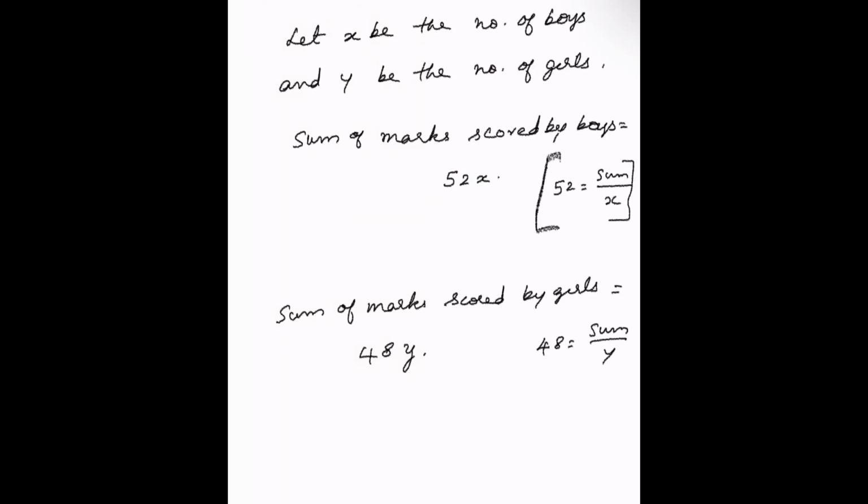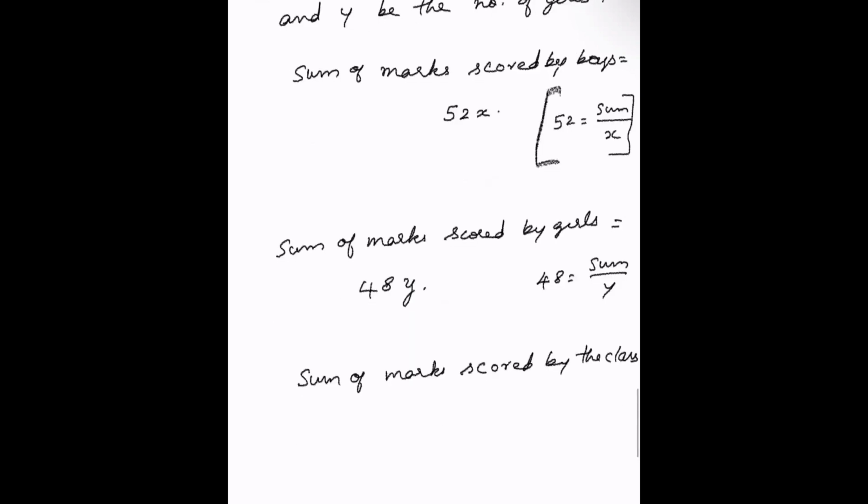For the class, the sum of marks scored by the class means boys' score plus girls' score, right? Actually, that is what it means. So what was the class average? Class average was 50.5.